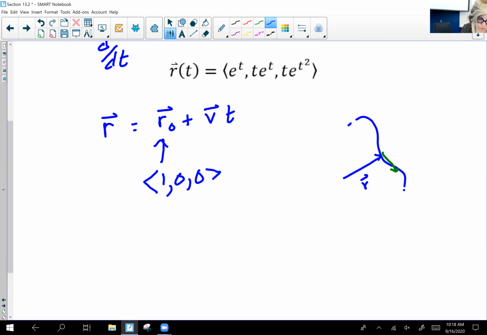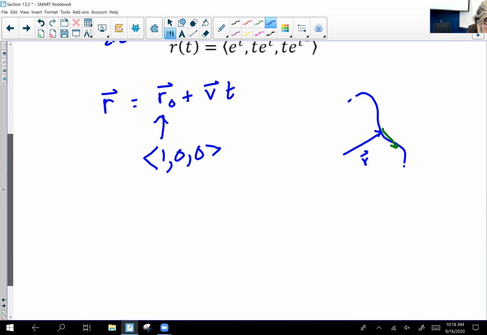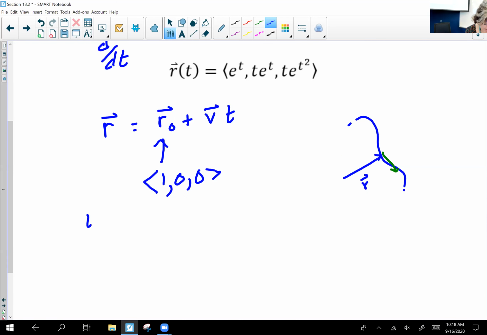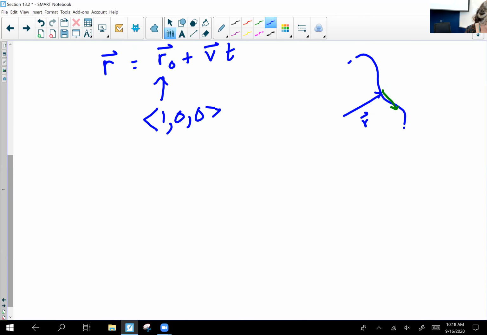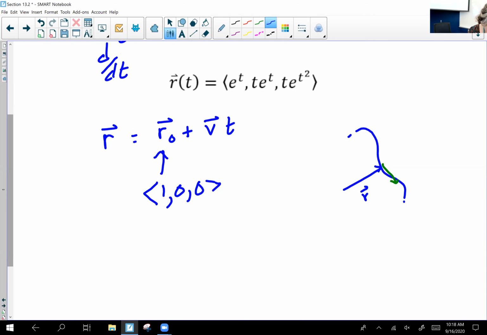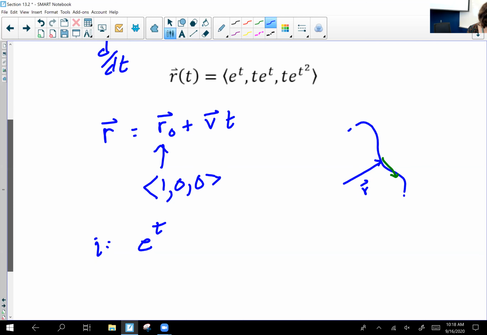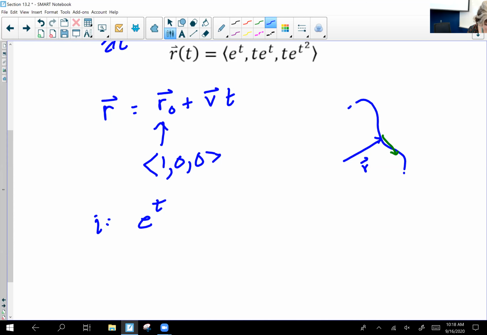Okay, so let's go ahead and look at this derivative, and then there is another step we need to do in here, but let's start by looking at the derivative of this. If we look at the i component, that's going to be e to the t. So the derivative of this, I'm sorry, that's a partial.